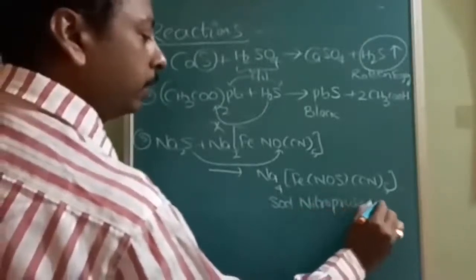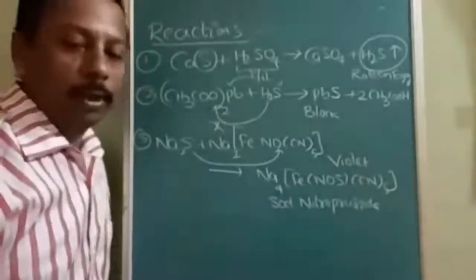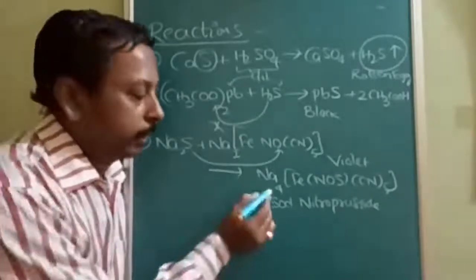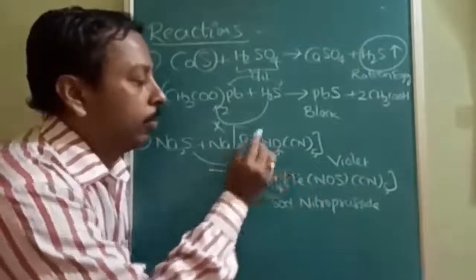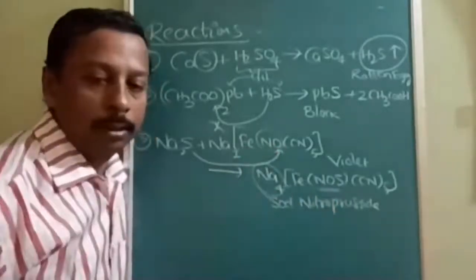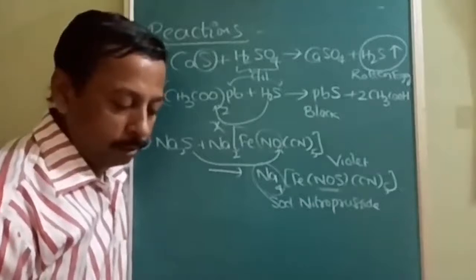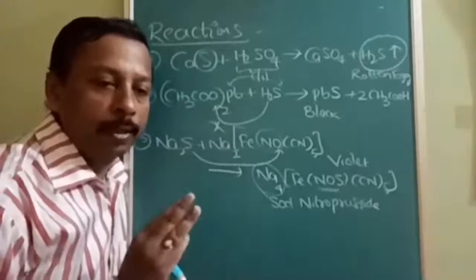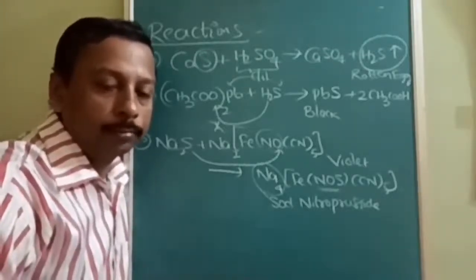What is the color? Sodium nitroprusside is violet color. Violet coloration is because of the sodium nitroprusside. These numbers are very important: 4 sodium, and it was NO, now it is NOS. Okay. So 3 observations, 3 corresponding equations. Is it understood?